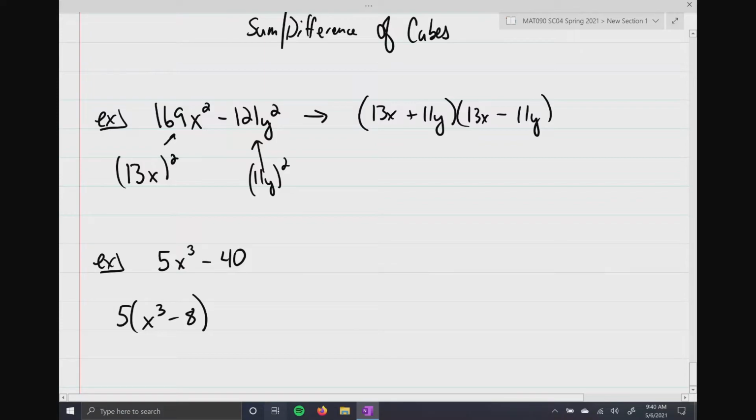Now, you should have that sheet with you because that gives you the formula. I'm going to write the formula over to the right in red. A cubed minus b cubed equals SOAP. And that's how I remember it.